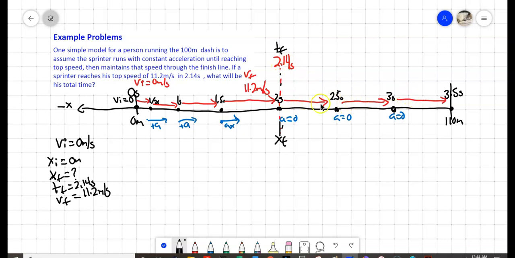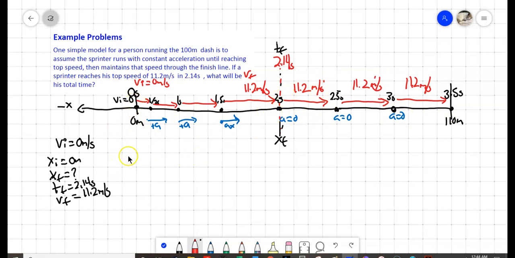Okay, and then after that we're going to apply a constant velocity of 11.2 meters per second from there on out. And this should occur from 0 seconds to 2 seconds.